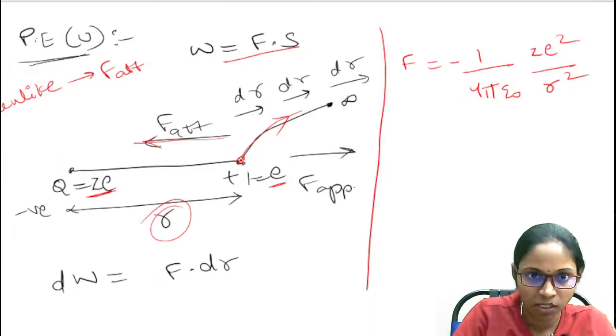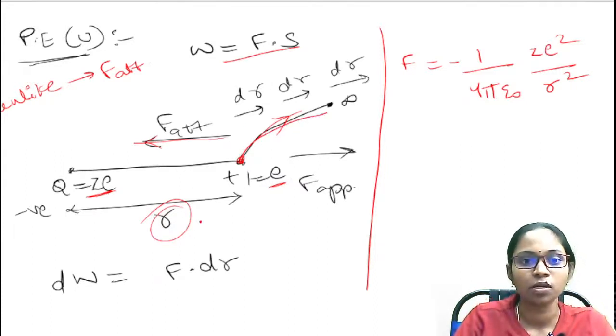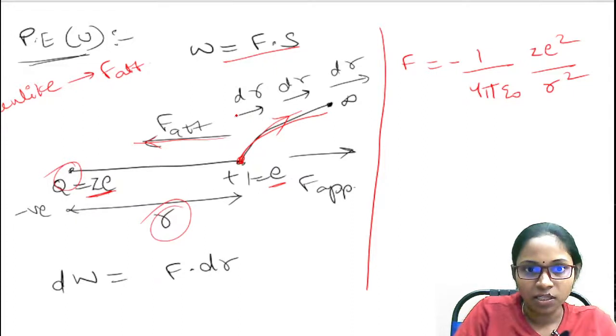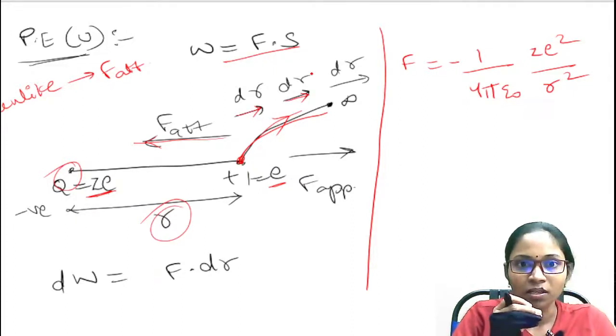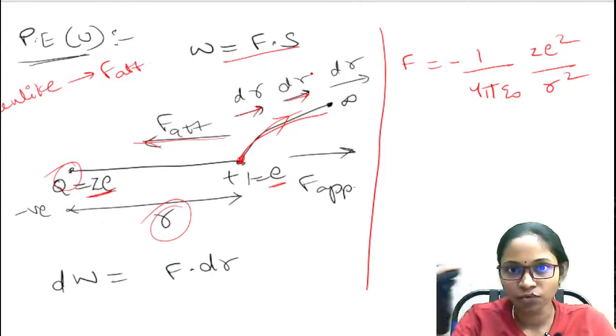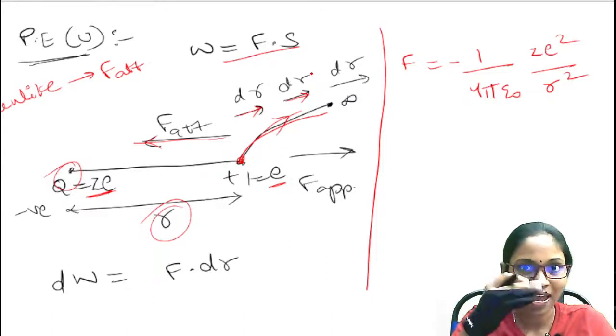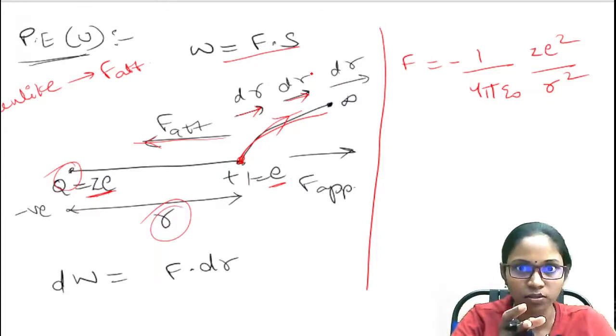Here I am displacing the electron to infinite distance from the source charge, that is the nucleus. The charge on the nucleus is Ze. I am bringing the charge e from distance r to infinity slowly, that means without any acceleration. Here acceleration will be equal to 0.